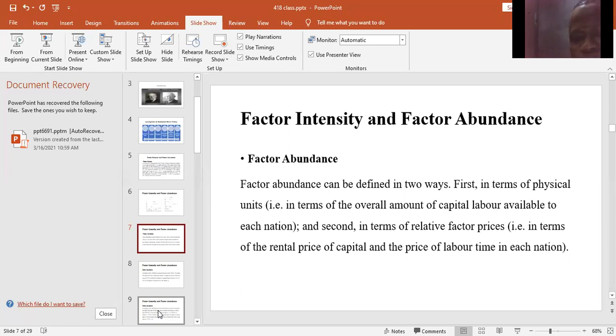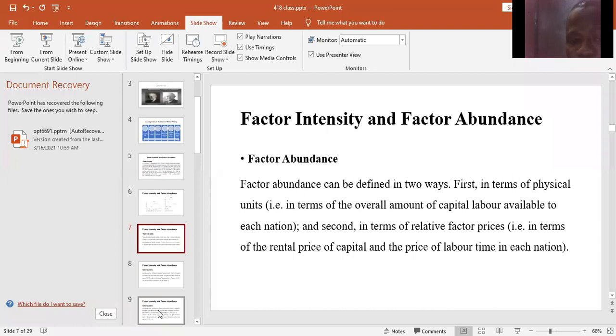In the case of factor abundance, we are not looking at absolute value, like saying that a country like China is labor abundant, while a country like the United States of America is capital abundant. We are looking at it in terms of relativity, capital vis-a-vis the labor available. Factor abundance can be defined in two ways.